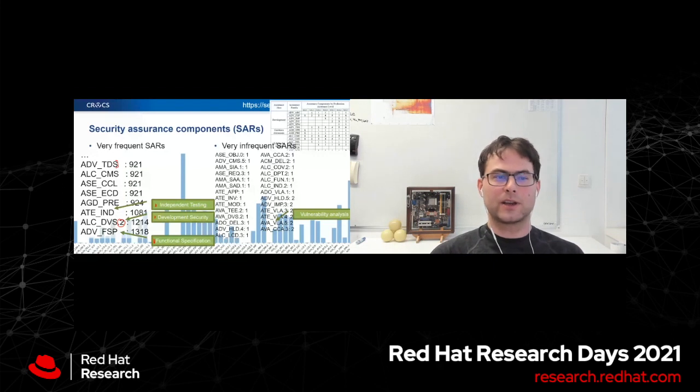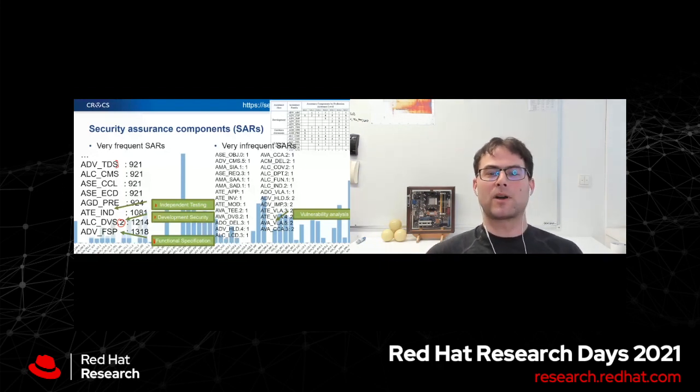So the darker the color, the more certificates achieve that particular level. We have 7 levels with these components, and these are all values. There are a lot of them, so it doesn't really make sense to try to read them at the moment. But I just highlighted some for you.